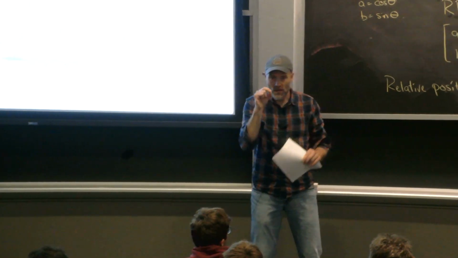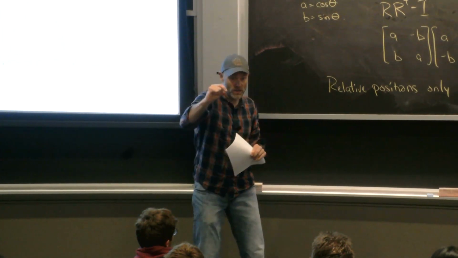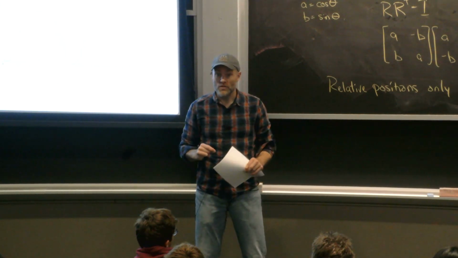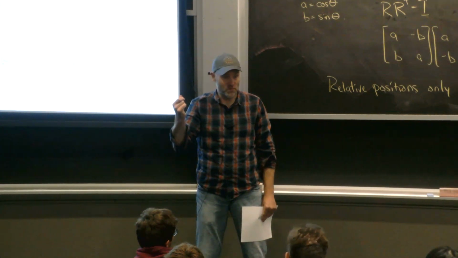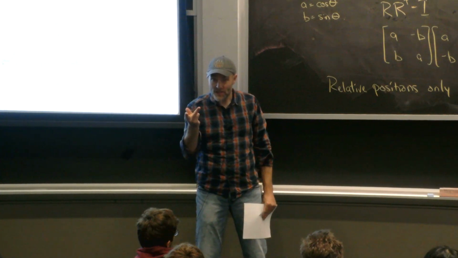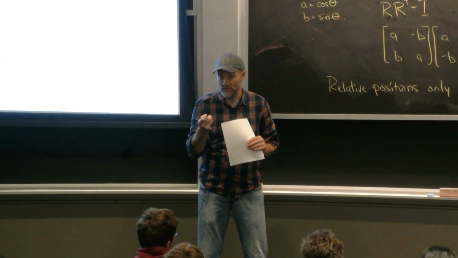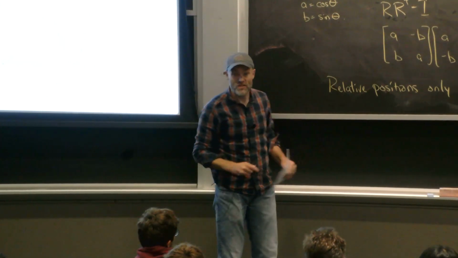And the absolute translation does not affect the relative points, only the orientation. So the trick is you subtract out some nominal point in the middle of your point cloud from all your points. You solve for the rotations, and then at the end, now that you know the rotations, you can easily figure out the positions. Okay? You can solve for the rotations separately.